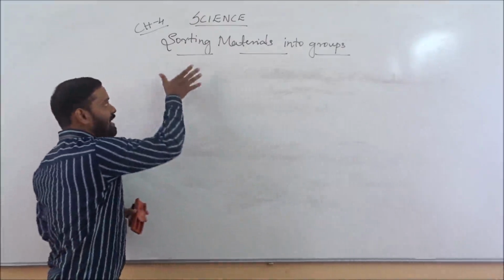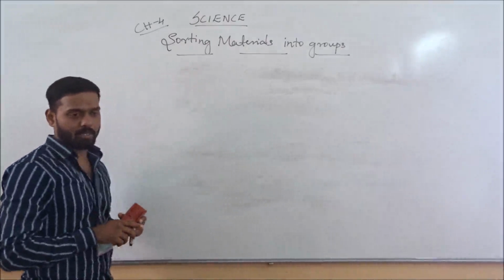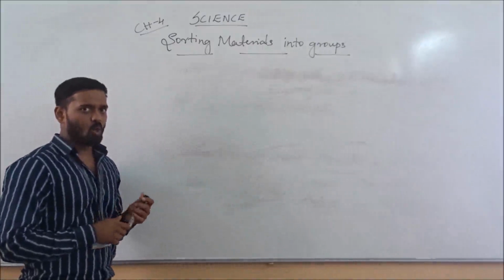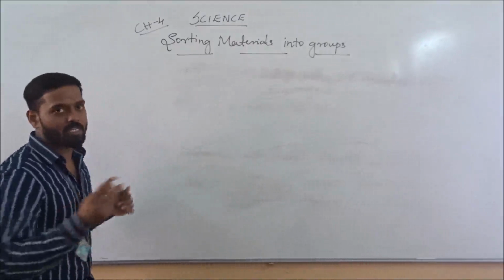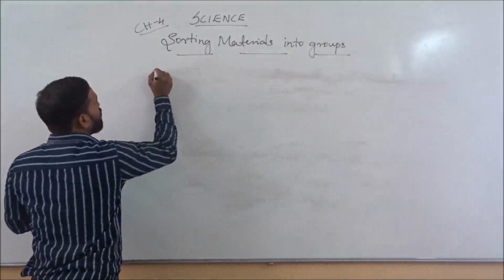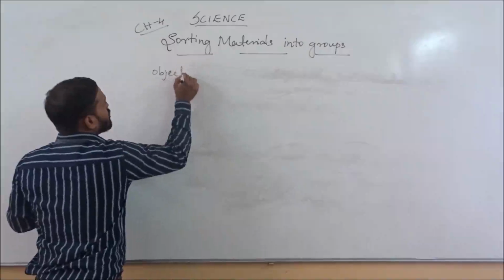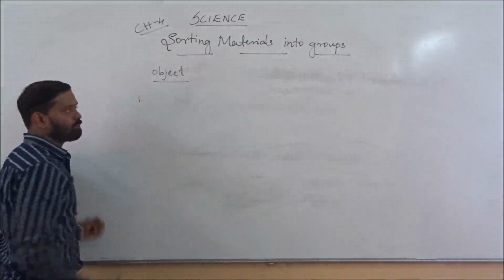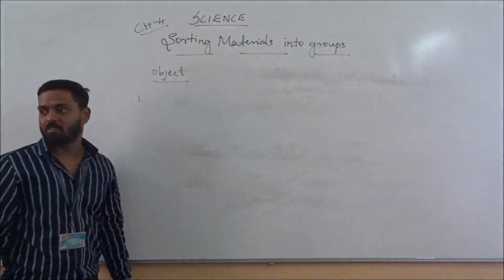So we understand objects, we understand materials. Now I will take some examples. I am going to take some objects. What objects can we take in our surroundings?